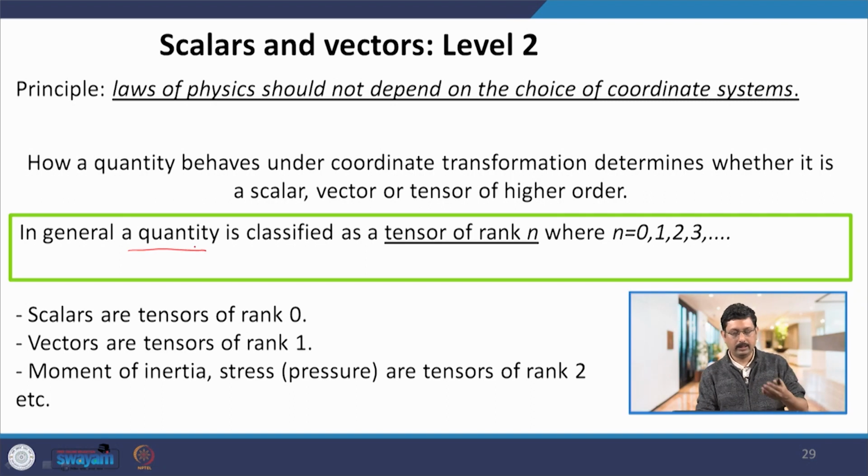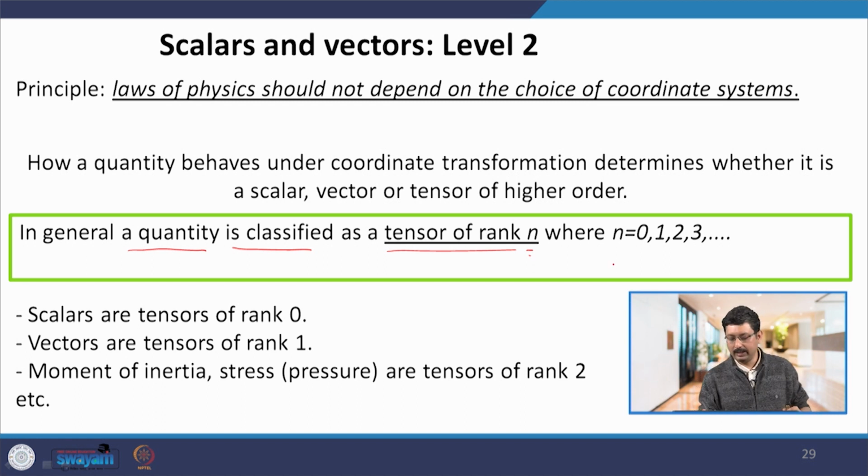So, in general any quantity that we will encounter in this course is classified as a tensor of rank n, where n represents how many of this coordinate transformation matrix you will need to write down the relation between the components in the blue coordinate system and in the red coordinate system.